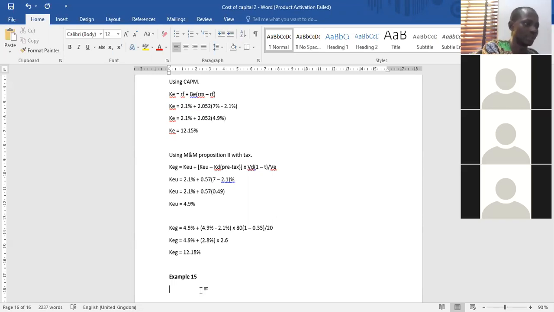So let's go and take the question. Kilimanjaro PLC produces domestic electric heaters. The company is considering diversifying into the production of freezers. Currently the company is producing electric heaters.